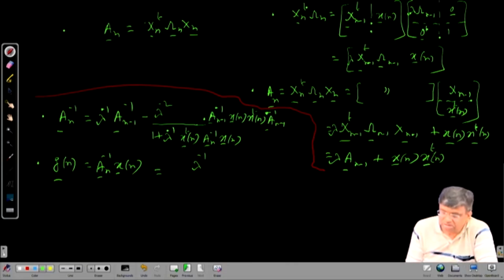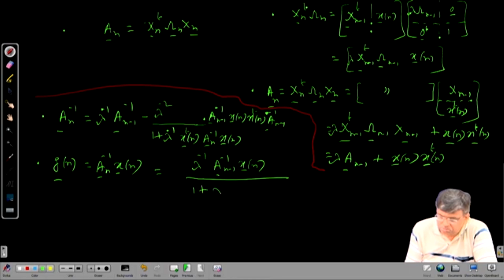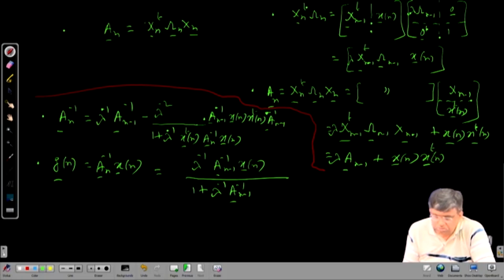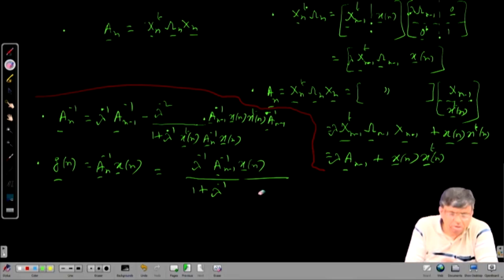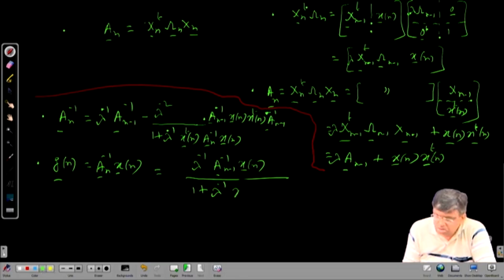It was lambda inverse, this first two, denominator as it is, there is a scalar that does not change.